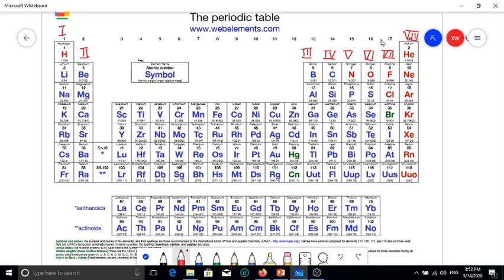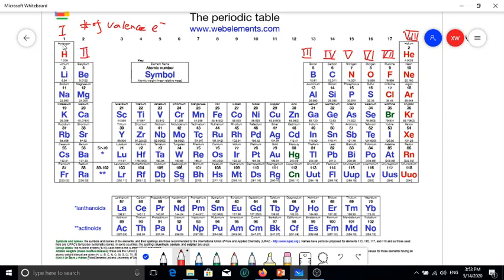Now let me tell you what these numbers are for. They actually have a very important physical meaning. The group number, which represents the vertical columns here, indicates the number of valence electrons of all of the elements in the same group.